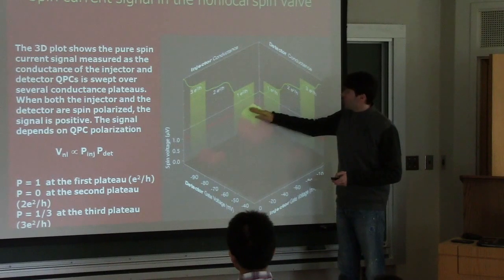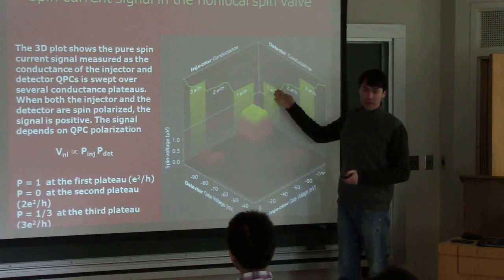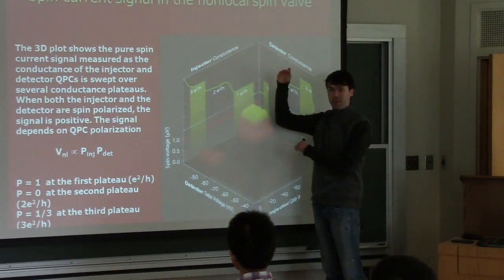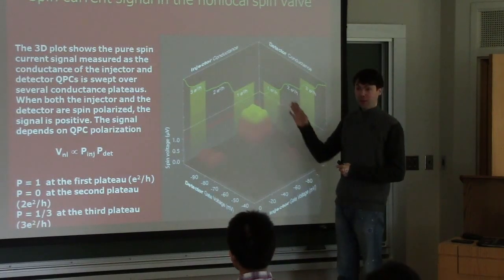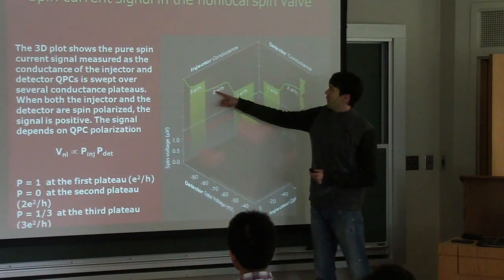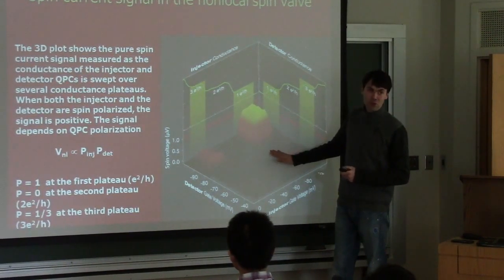So this non-local voltage is very high when both the injector and the detector are polarized. So when we inject spins, create the difference in the chemical potential, and then we detect that difference in the chemical potential non-locally. And then when one of them is unpolarized, either the injector or the detector, there is no voltage, absolutely no voltage.